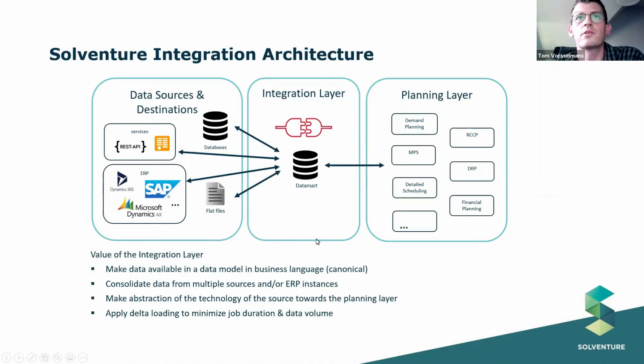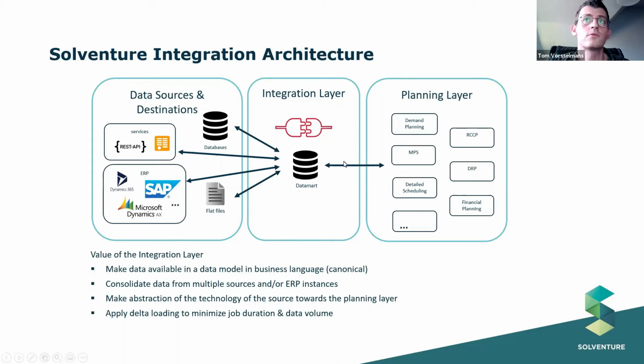In between, we place our integration layer, where we have a centralized database. We call that the data mart, where we collect all that data and make it available in a data model in business language, often referred to as the canonical data model. And in this data mart, we then consolidate data from multiple sources, or sometimes also multiple ERP instances.